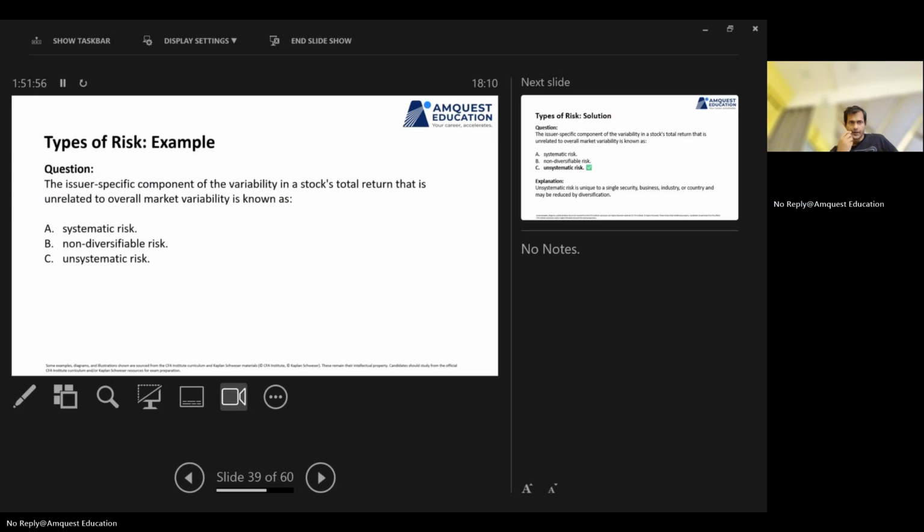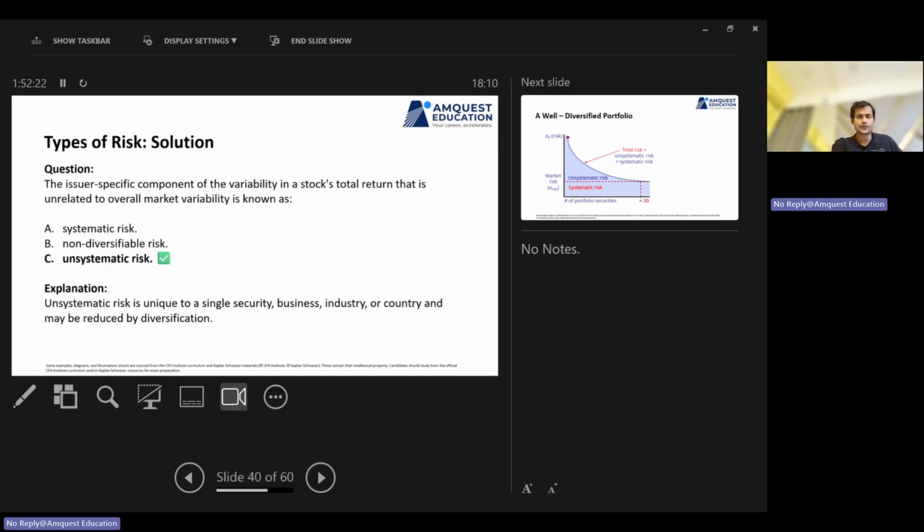Okay. Very good. That is unrelated to market. मतलब company specific है, unsystematic. Because if it's market, it is systematic, and market is not diversifiable. This is unsystematic, and this is also diversified. Clear? Very good.